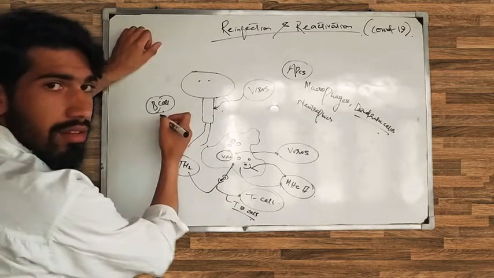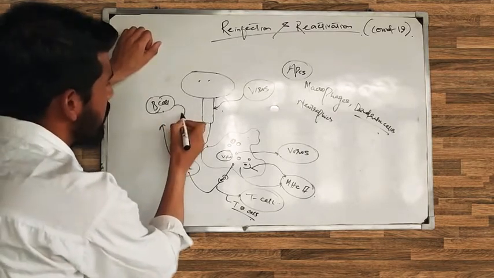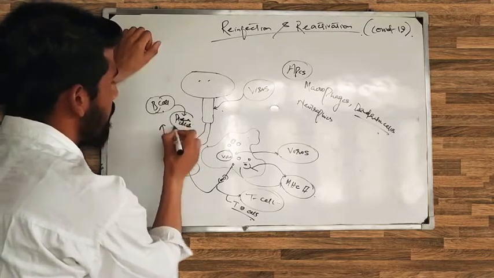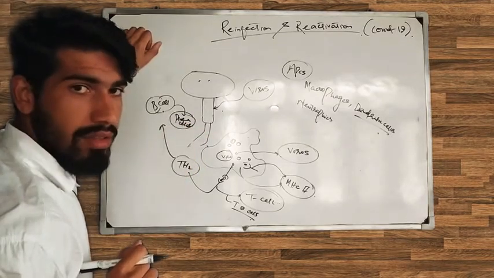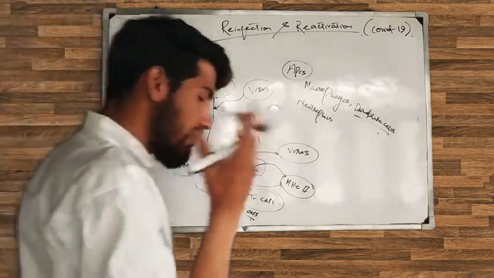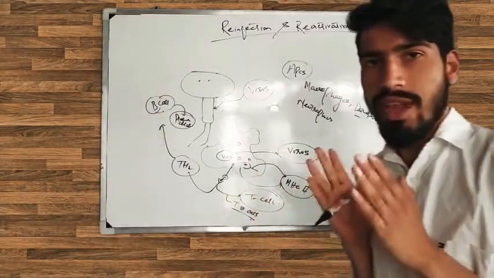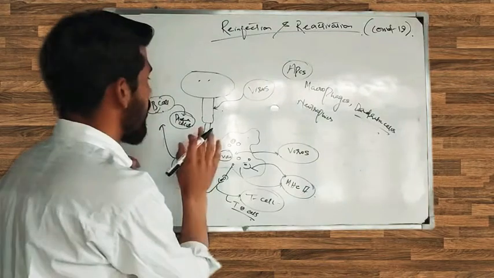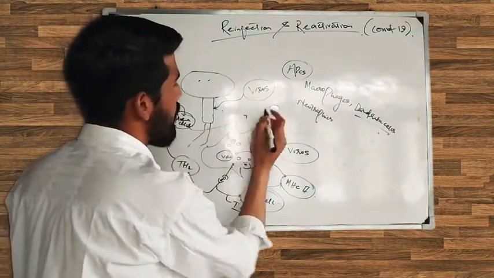The B cell turns into the plasma cell. When it turns into the plasma cell, it produces antibodies.